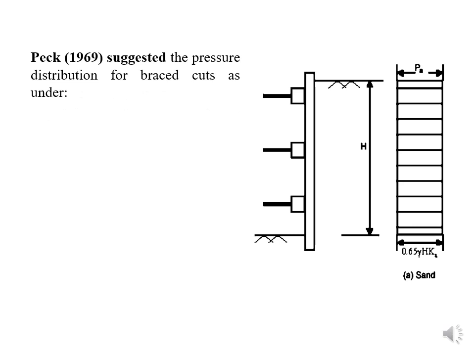Now, in the earth pressure chapter, Rankine and Coulomb have given the pressure distribution diagram for the calculation of total pressures working on the retaining wall. Here, Peck has suggested how we can calculate the earth pressures on the sheeting or on the sheet placed in the excavated area.